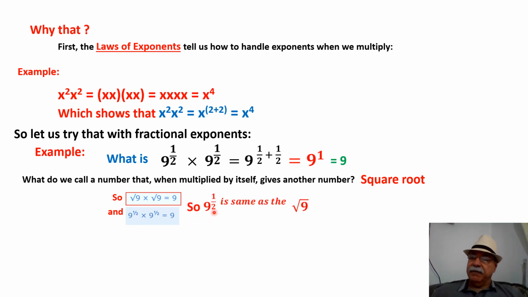So 9 to the power half is the same as the square root of 9, because here is 1 over 2, meaning the square root. Not cube root, not 4th root, not 6th root, just only the square root of 9.